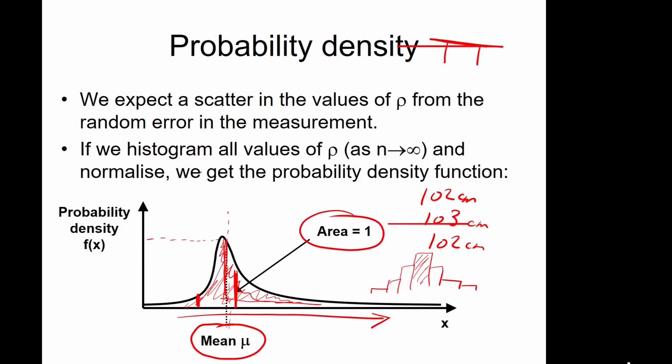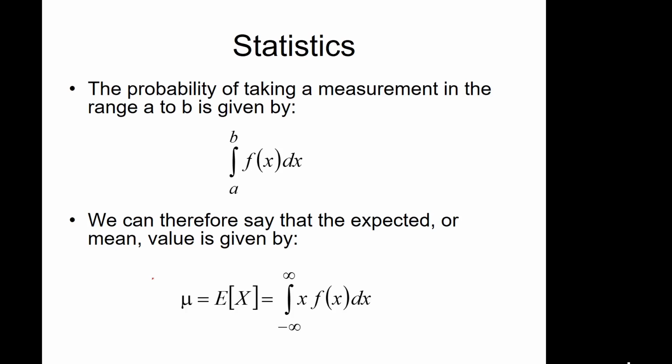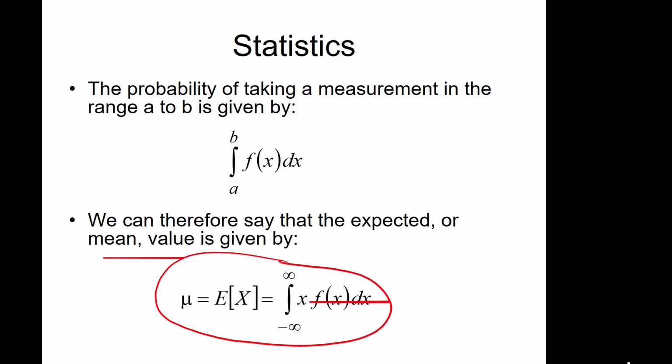Alternatively, another way of looking at it is to look at each value and the probability of that value and performing that integral. So our mean measurement is the integral over all our different measurement possibilities, x, times the probability of taking a measurement at that value.